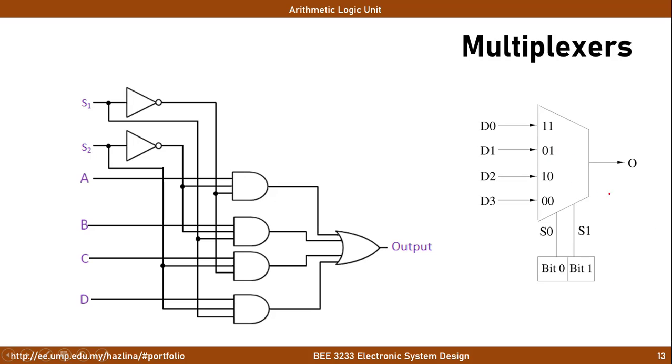In this case, it is known as a 4 to 1 multiplexer, whereby there are 4 inputs and 1 output. 4 is equivalent to 2 to the power of 2, which means that this multiplexer should have 2 selects. So in this case, it is select 0 and select 1, representing bit 0 and bit 1.